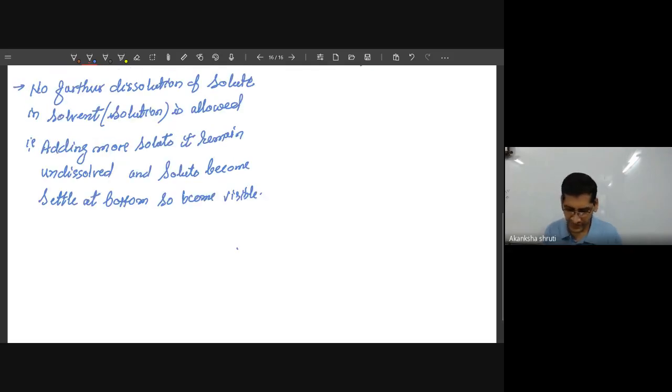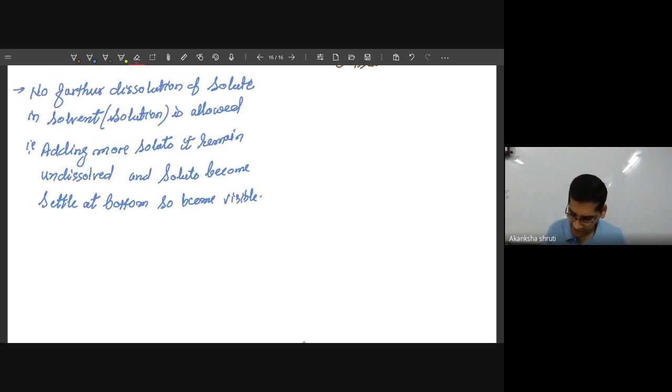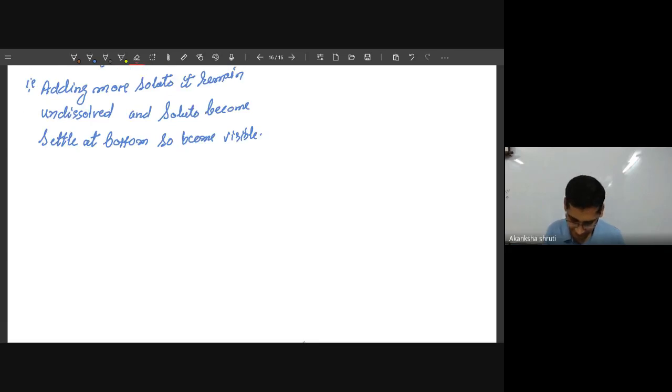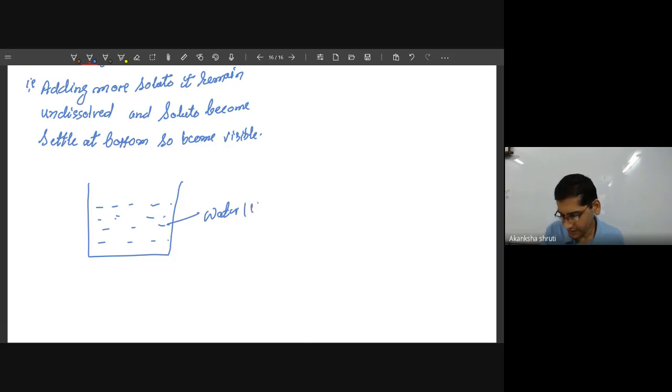Example, if we consider this one, this is the water that I was taking, 1 liter. Here you are adding the sugar. Whatever spacing is available, all the spacings are filled.